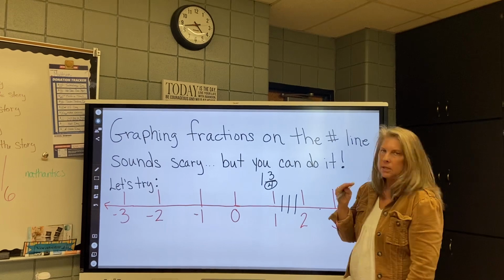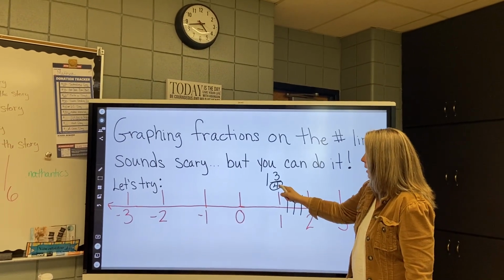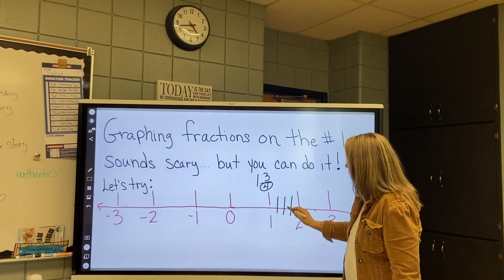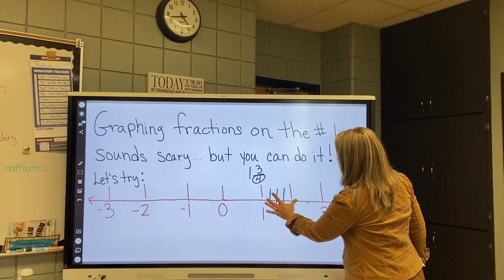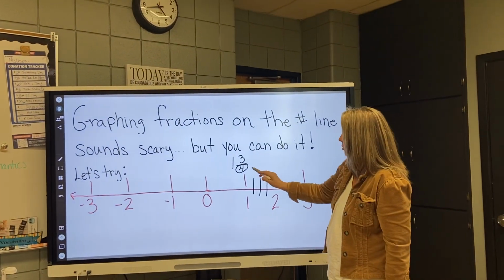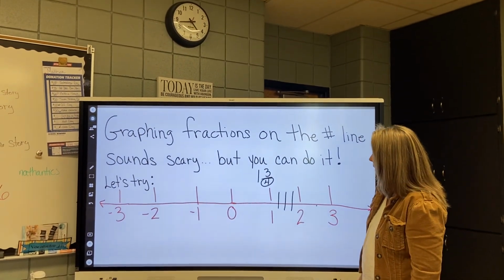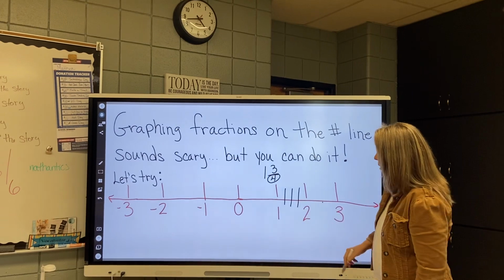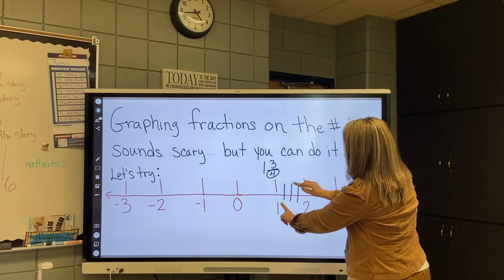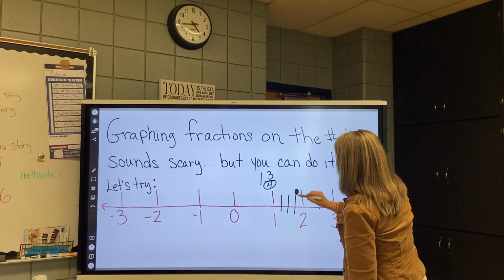Some people look at the denominator and take 1 away, so it'd be 3, and they draw 3 lines between the 1 and 2. You have to have even spaces between those lines. So you can either do 4 spaces, or take 1 away and do 3 lines. Now I'm going to graph 1 and 3/4. I go to 1, and then I go 1/4, 2/4, 3/4. So that's my graph right there.